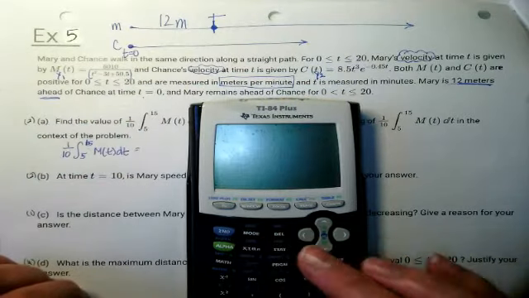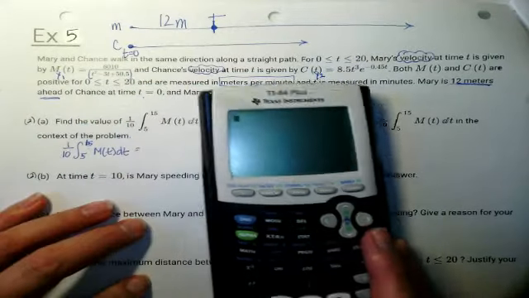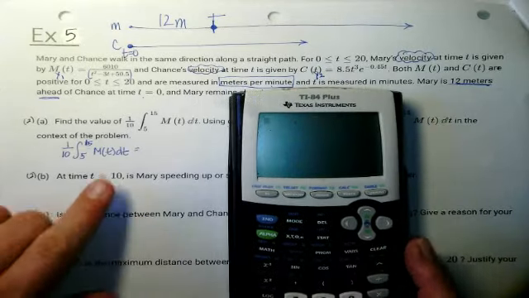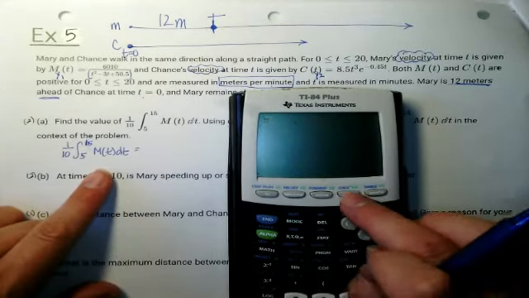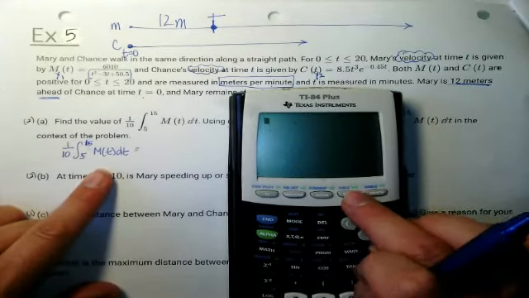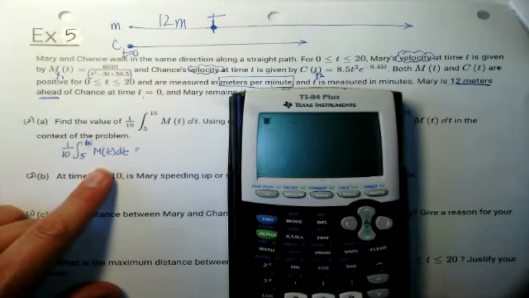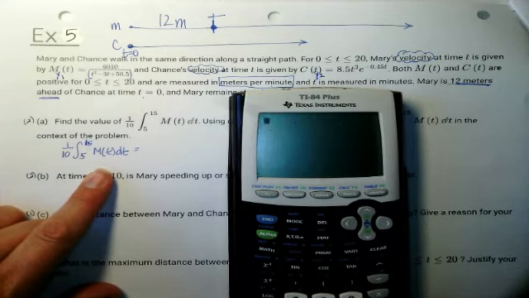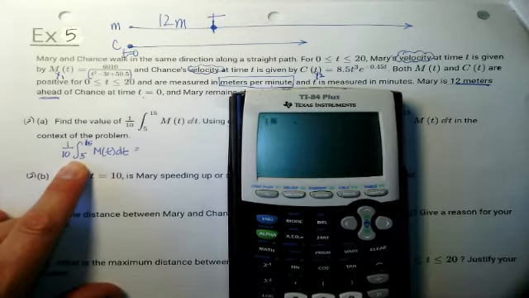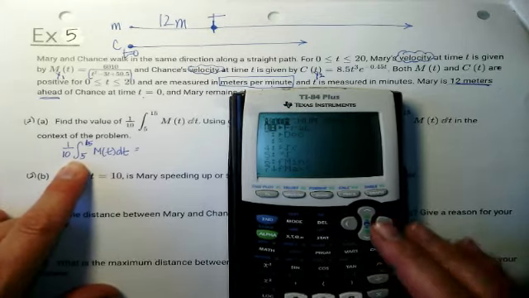And I'm just going to quit. And now we can reference them using the vars menu, the variables menu, which on the TI is F4. I think on the Casio, you can pretty easily call up those variables like y1 and y2 also. I just can't remember. Okay. So here I'm going to do 1 over 10 and then integrate.